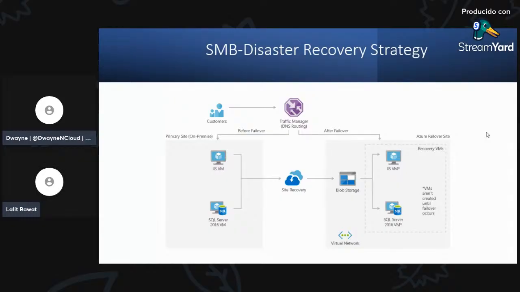So I'll be having the lab for this particular VM on IaaS VMs as a primary on-site. Let's just say I will be utilizing Traffic Manager on that part, and then one SQL database. We are going to configure Site Recovery, which will have blob storage, which is nothing but cache storage.